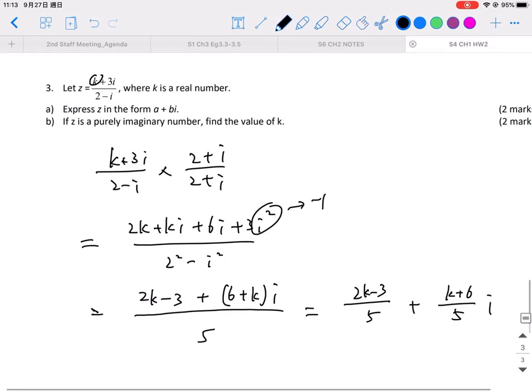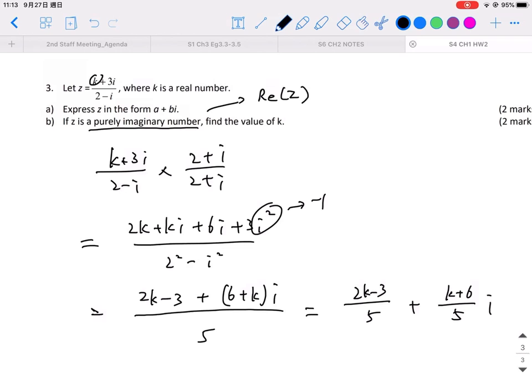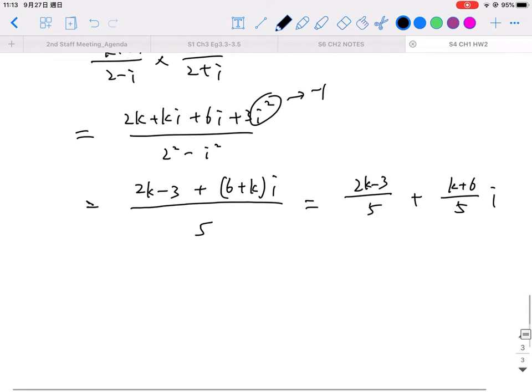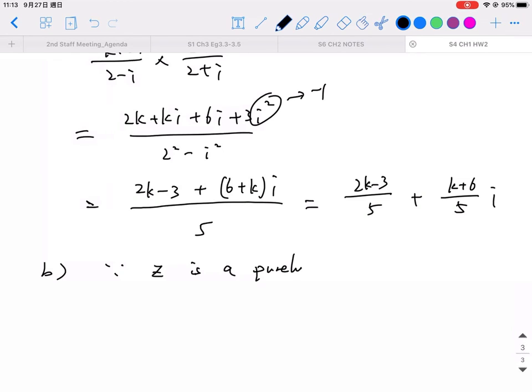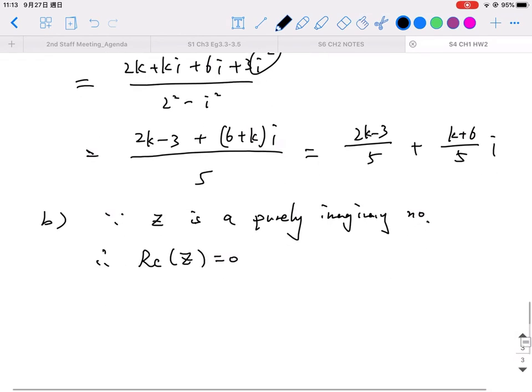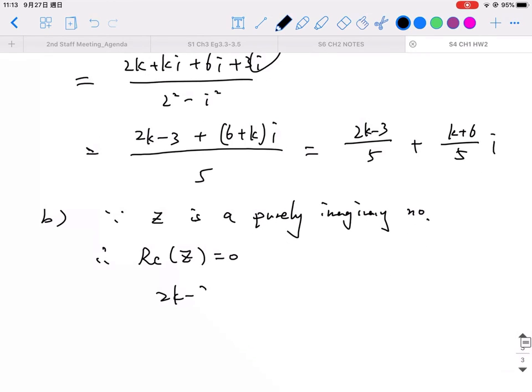And part B: if z is a purely imaginary number, remember the real part of z equals 0. So it is better for you to write down two steps, because z is a purely imaginary number. So the real part of z is equal to 0, and therefore (2k minus 3) over 5 equals 0.